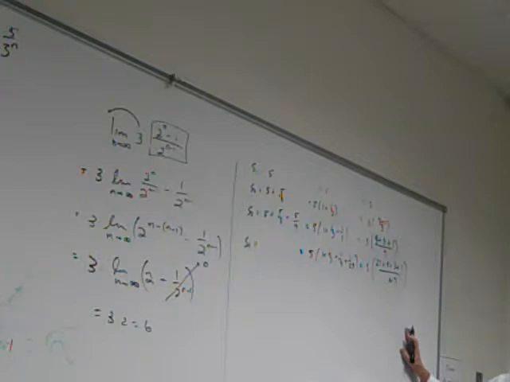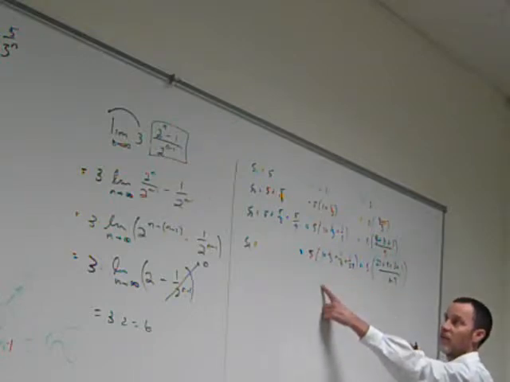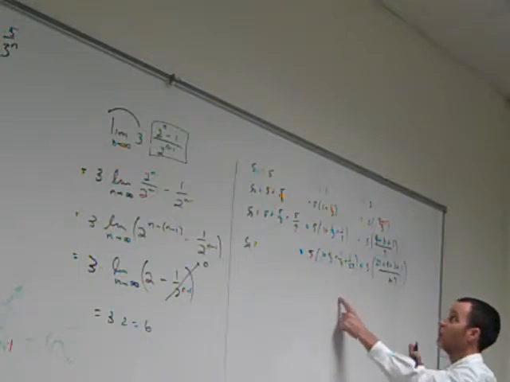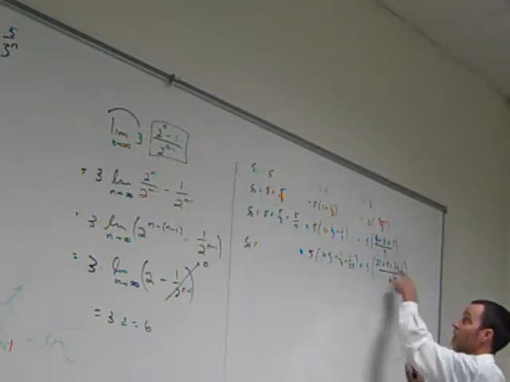Do you agree with what I've got? See where I got it? All I'm doing is common denominators, right? I need to change this to 27 over 27. This one becomes 9 over 27. This one becomes 3 over 27. This one stays 1 over 27, so that's what I have.